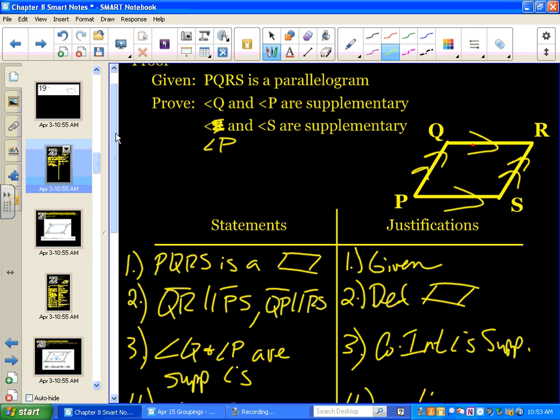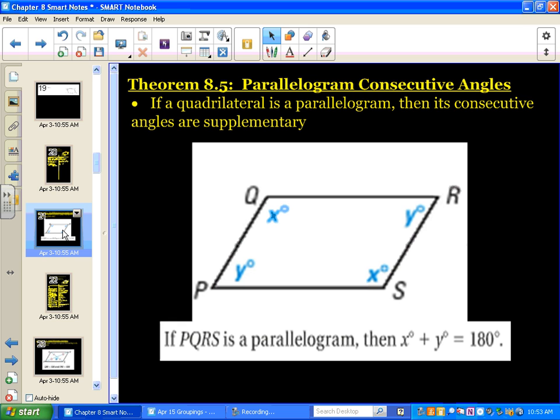Q and R are supplementary. Very good. And what else is going to be supplementary? Pierce? P and S we already proved. We have QP, QR, PS, and what's the last pair, Tyler? RS. Very good. So all of the consecutive angles are going to be supplementary. If a quadrilateral is a parallelogram, then its consecutive angles are supplementary.